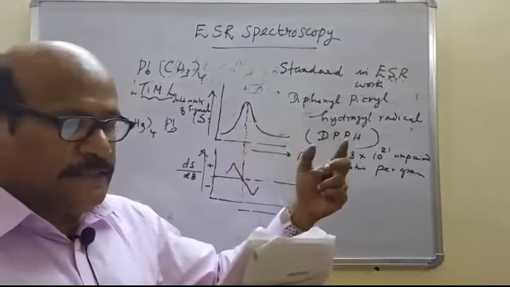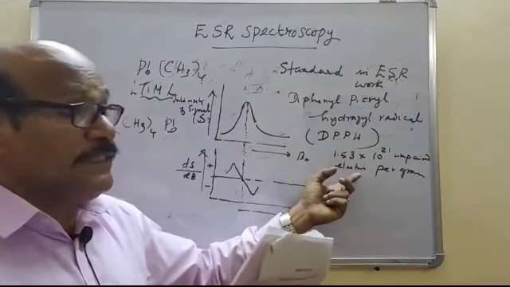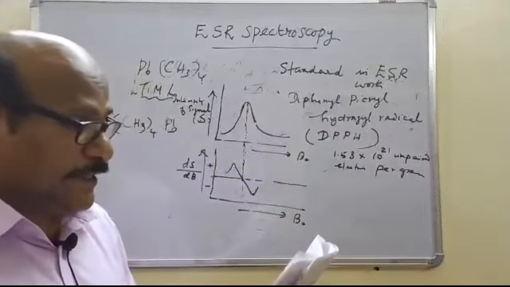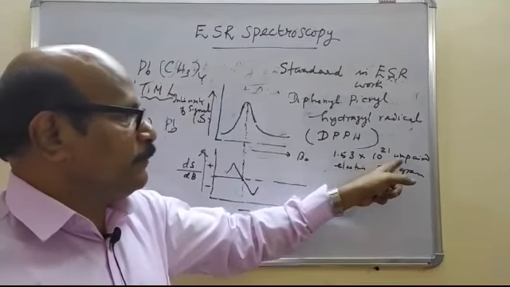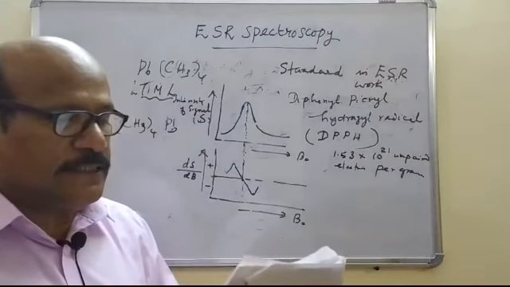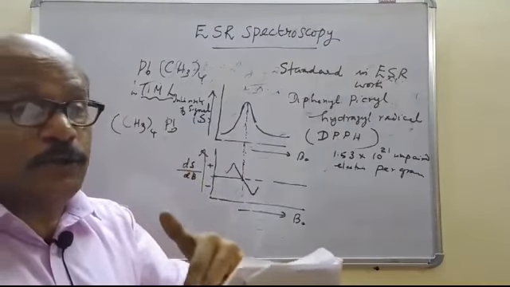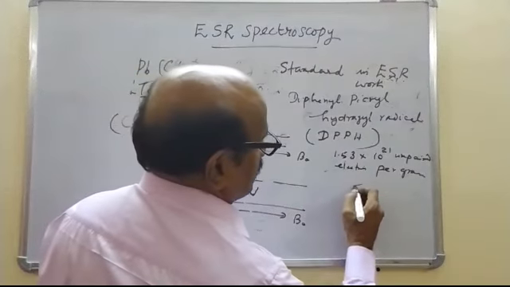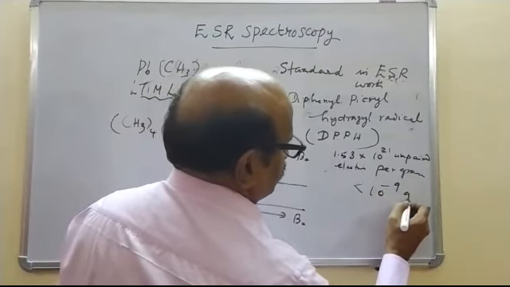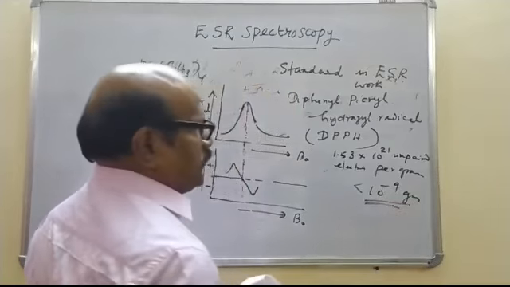And it has a very strong detectable limit. DPPH contains 1.53 into 10 raised to 21 unpaired electrons per gram of the material, and with normal ESR having a detectable limit of less than 10 raised to minus 9 gram. That is very powerful.